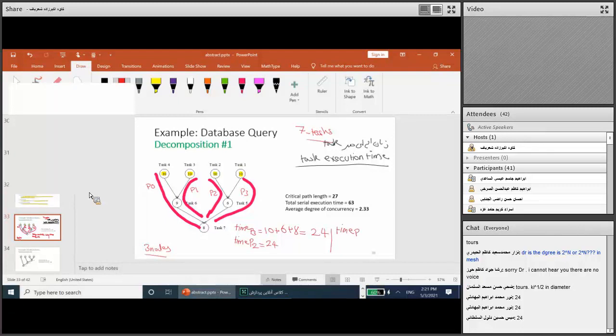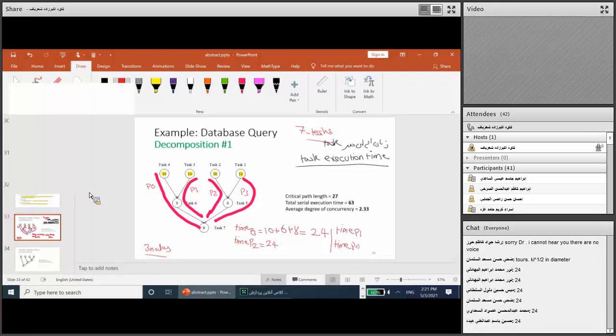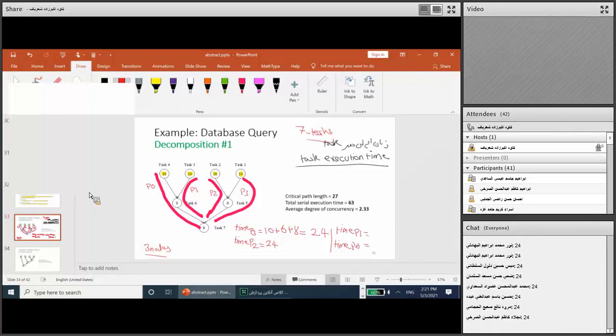Path 1 and path 0. What's the execution time of path 1? Great. 27. 10 plus 9 plus 8.